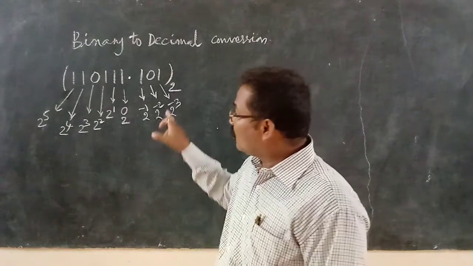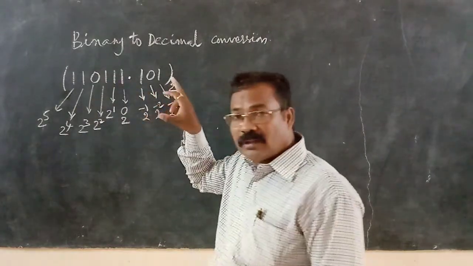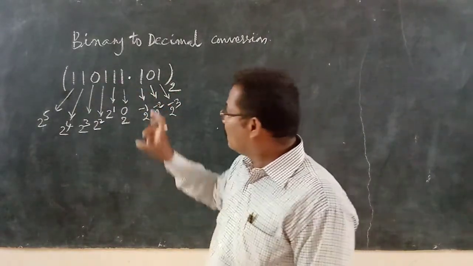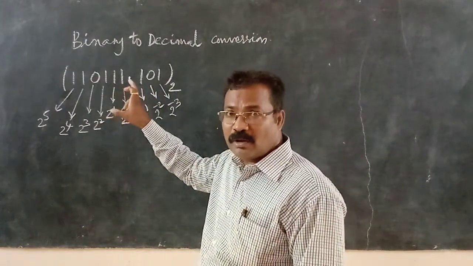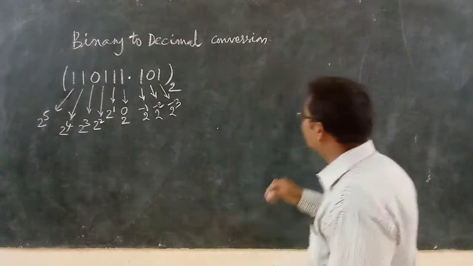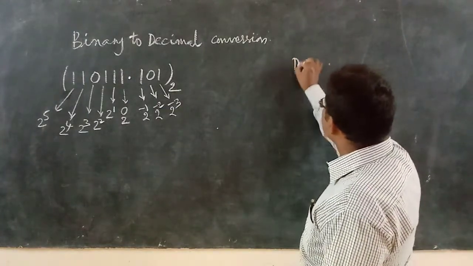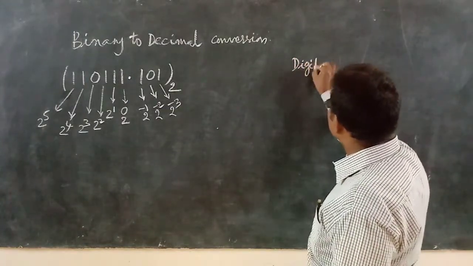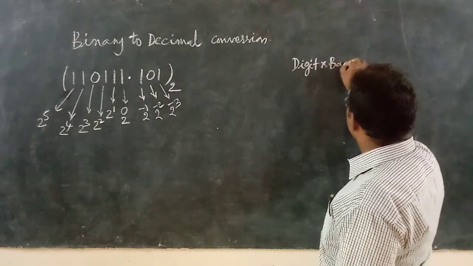Now, to evaluate the value of each and every bit, there is a formula, that is digit into base to the power of position.